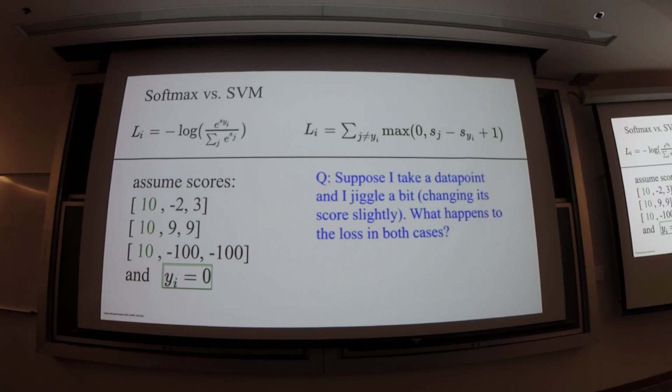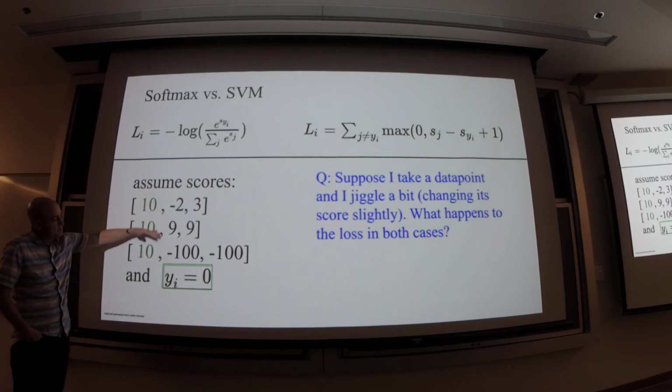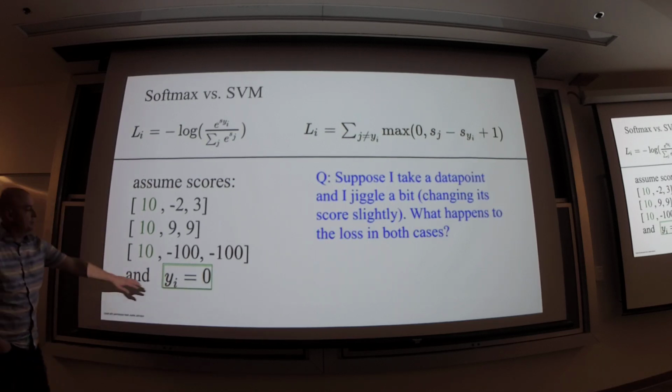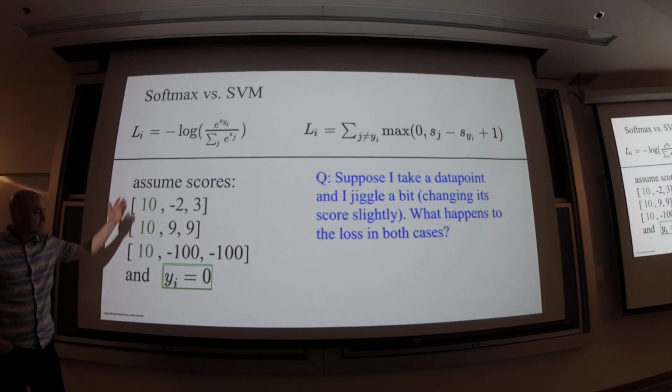Okay, so let's ask a question like we asked before. Suppose I take a data point and I jiggle it a bit, slightly changing the values of the scores. What happens to the loss in both cases? Starting from this case right here, this is the correct class.